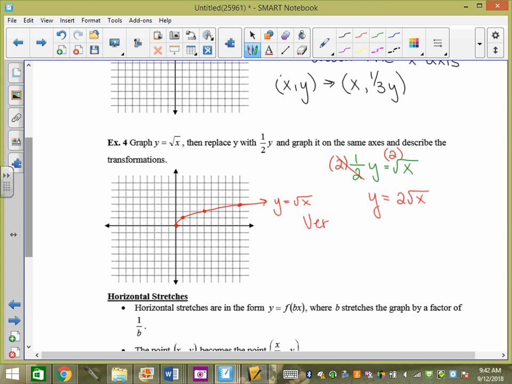Vertical stretch by a factor of 2 about the what axis?